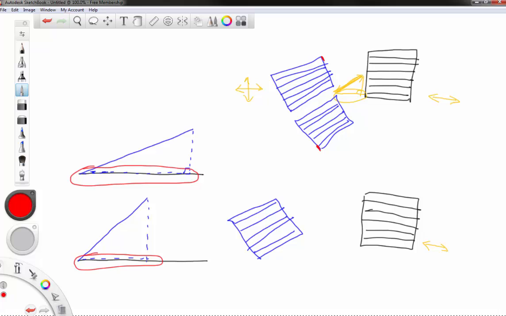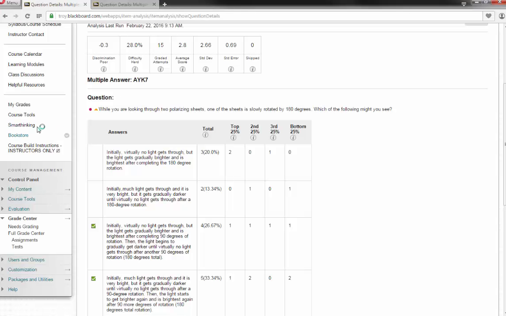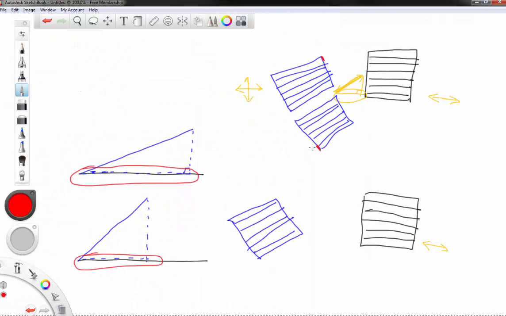Now let's go back again to this question to look at what our possibilities are. It says initially virtually no light gets through, but then the light gets brighter and is brightest after completing the 180-degree rotation. Well, looking at this, we see that realistically the light should be the same brightness at the end as it was at the beginning.